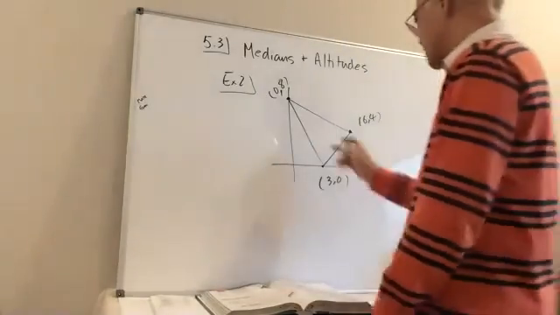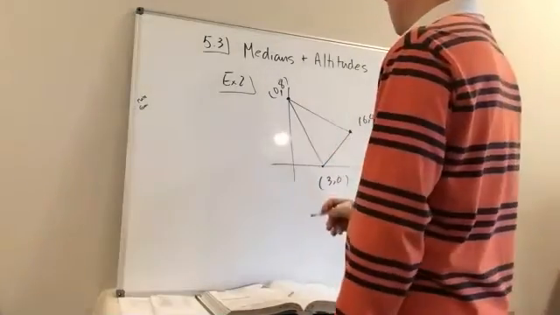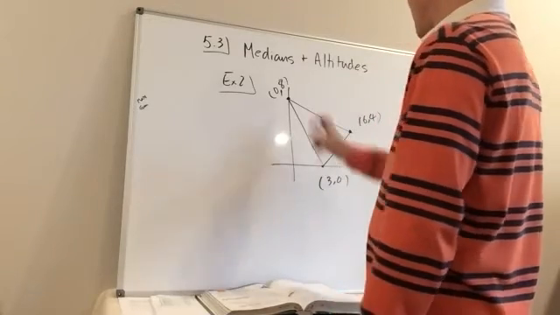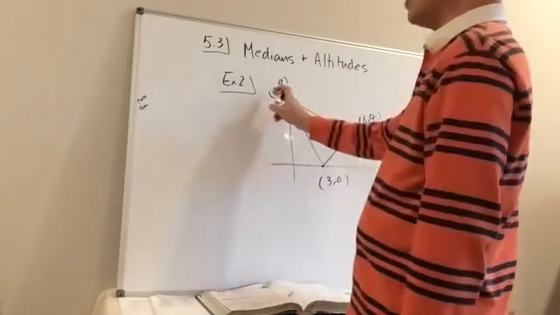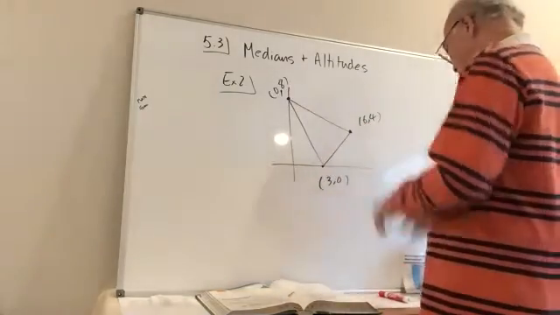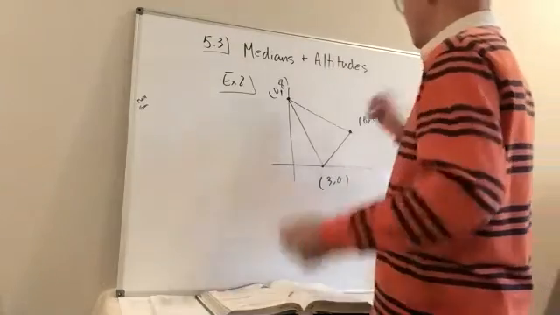We want to find the centroid here, so let's go ahead and find the centroid. To find the centroid, we need to find the midpoints of these sides, right? So let's find the midpoint.